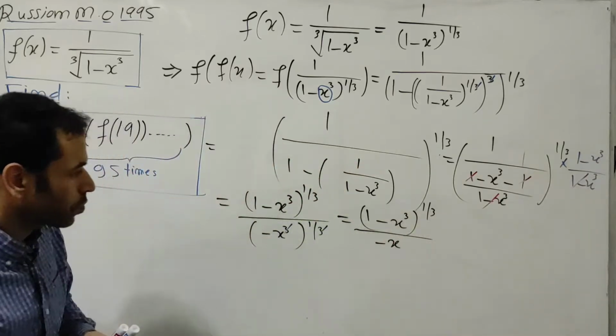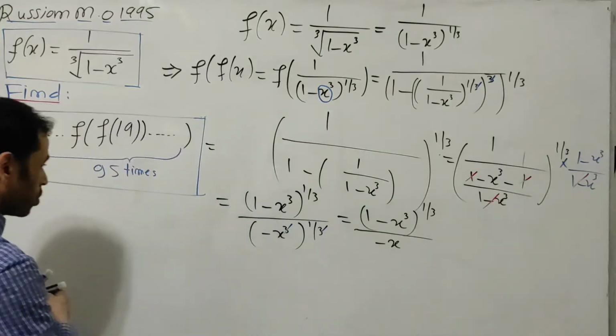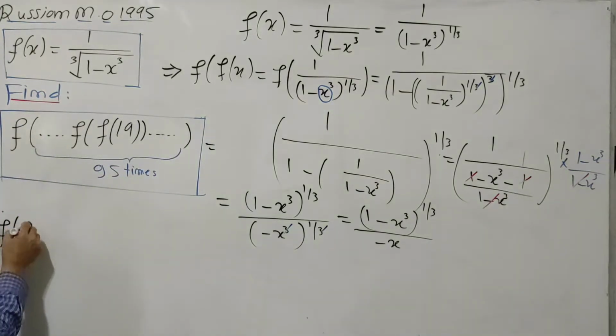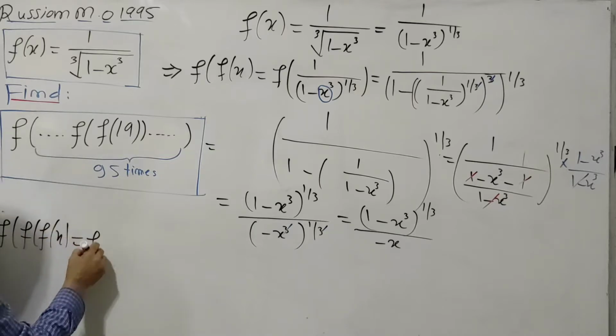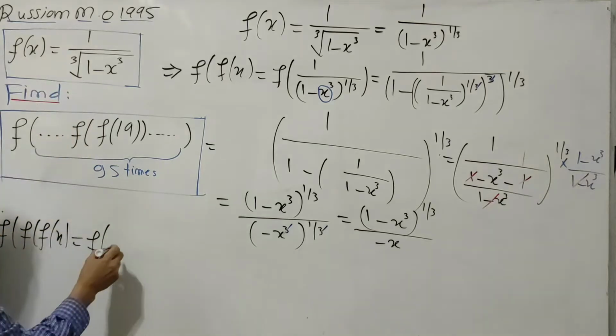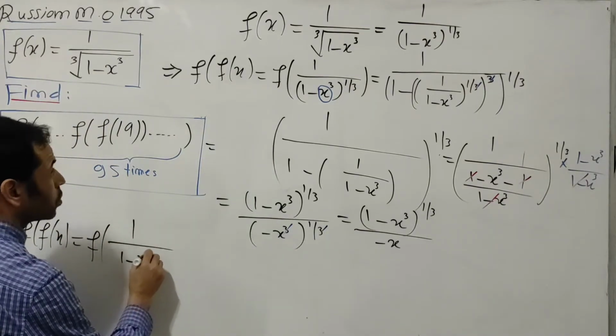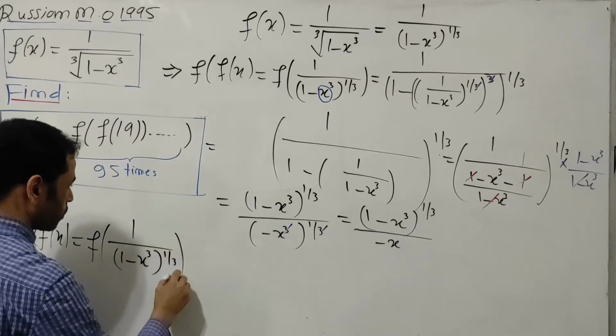Now I'm going to compose this function one more time, which is 3 times. So I will have f of x equals f of, by replacing this one into x, 1 over 1 minus x cubed to the 1 over 3.